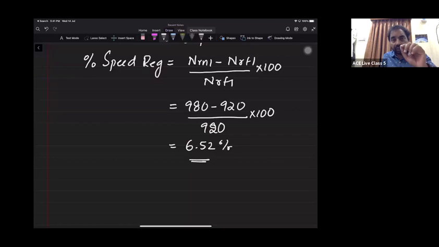But unlike your synchronous motor, the rotor speed will not always be synchronous speed. So here there is some slight change in the rotor speed from no load to full load. What is no load? What is full load? I'll explain in detail. Don't worry. As there is a slight change, this change can be neglected and these motors can be treated as constant speed motors. Is it clear? Confirm me all of you.